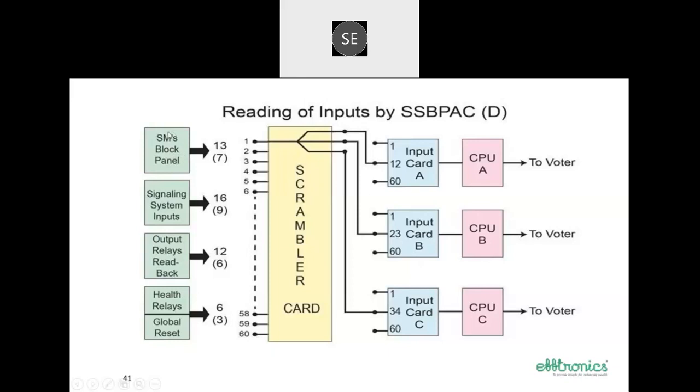One is the station master block panel inputs by operating the panel, and second is signaling system inputs, the interface relays, and third is output relays, the outputs generated by the system, wired as input as readback relays, and the status of health relays and the status of global reset. So all these status contacts are wired as input to the scrambler card.